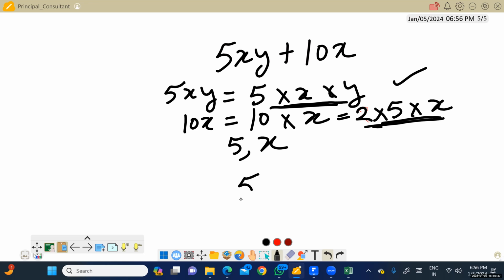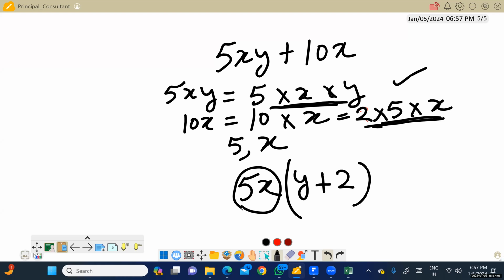If I keep 5 and x as common, I put them outside, and I write y plus 2. The remaining part is y over here and 2 over here. I've taken 5 and x outside, multiplied by y from here and 2 from here. And this is what we form.